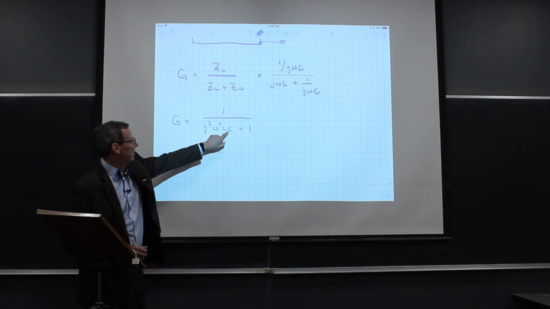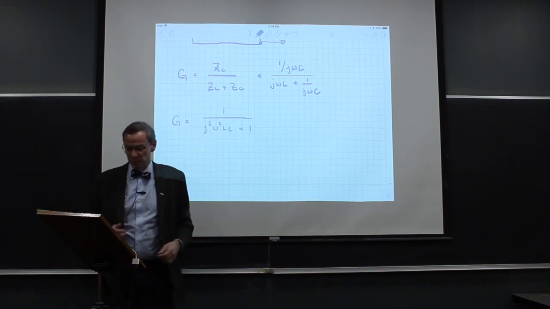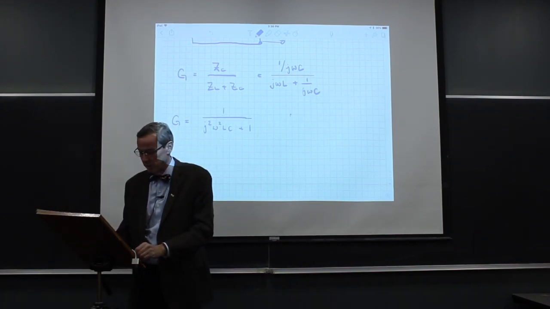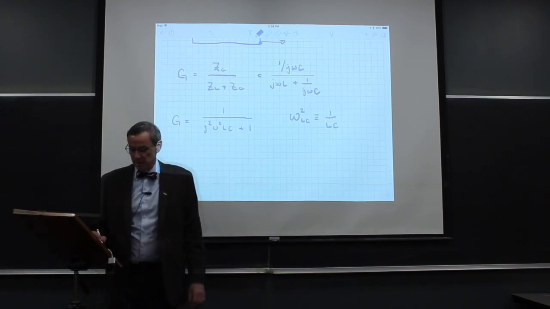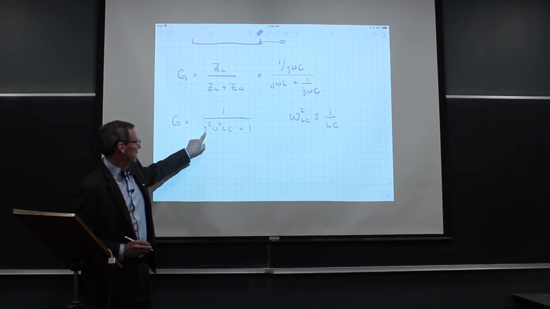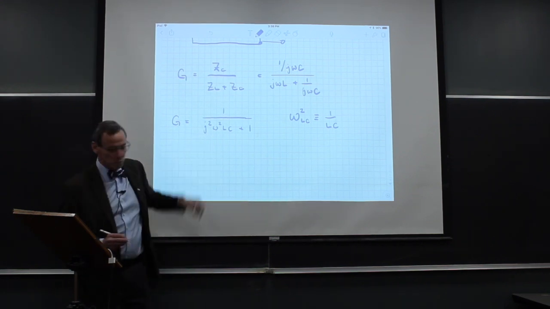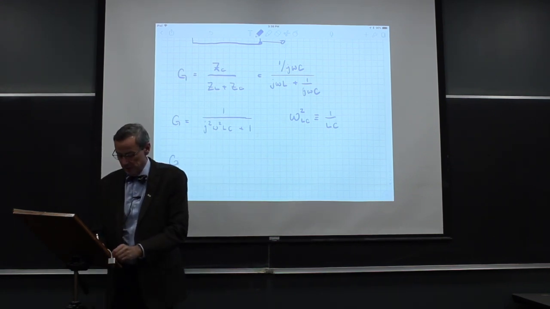Now, that LC combination has units of inverse frequency squared, so we can define a characteristic frequency. Omega LC squared is 1 over LC. So we'll make that definition. Noting that j squared is minus 1, we get 1 minus that quantity, and the gain is 1 over 1 minus omega squared over omega LC squared.